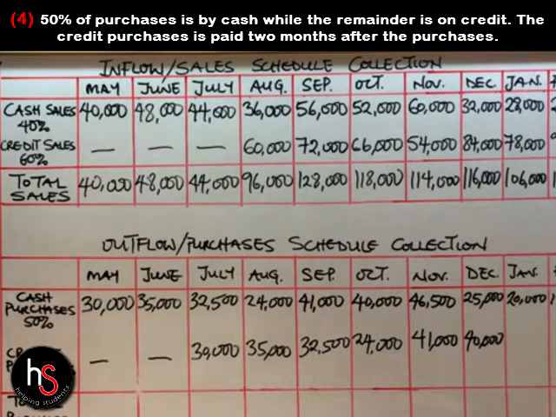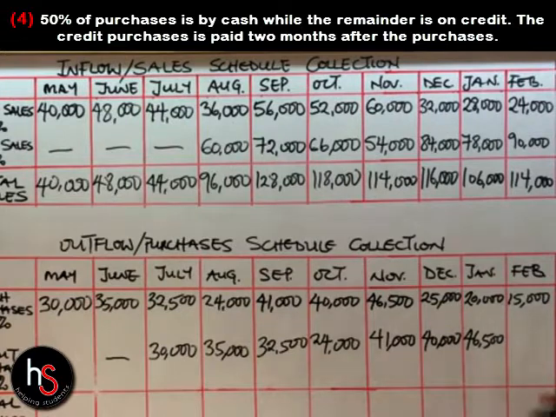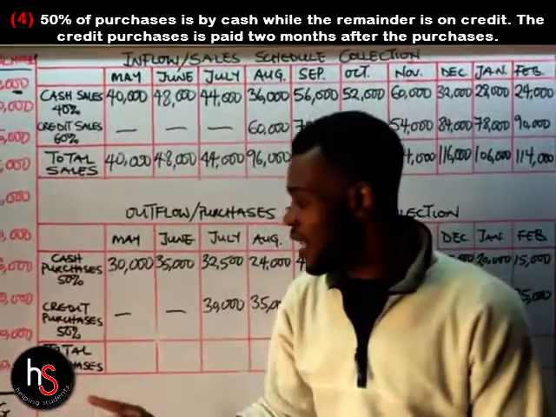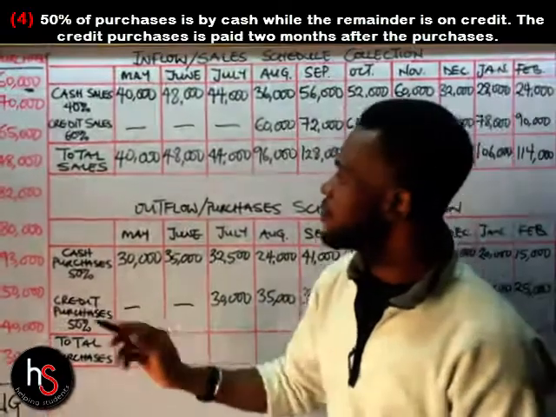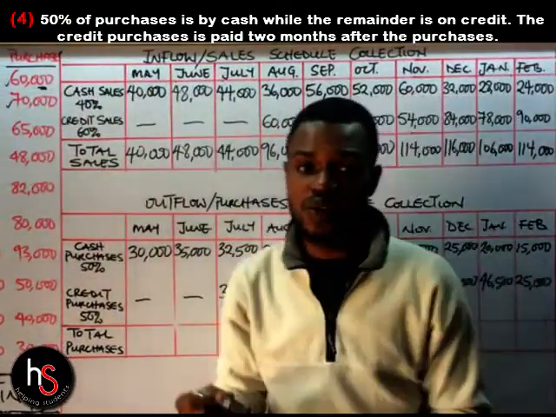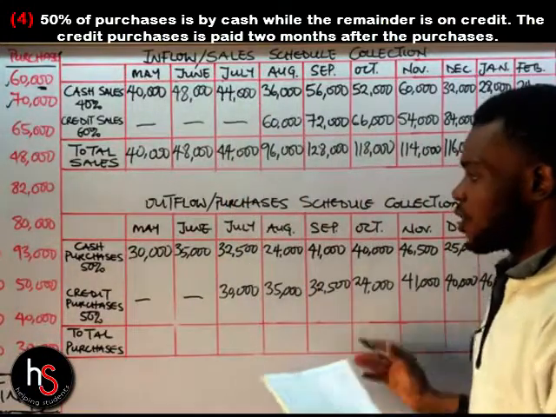In January, we have 46,500. And in February, we have 25,000. Now that we are done with this, let me repeat it one more time. Credit purchases 50%. So the 50% of 60,000 was recorded in July because we were told that the payment was made 2 months after. So we'll continue the process.